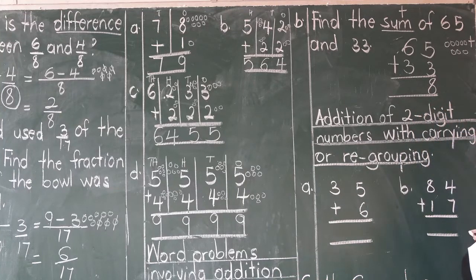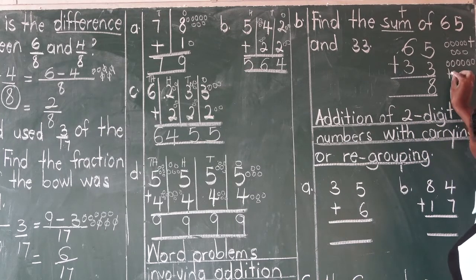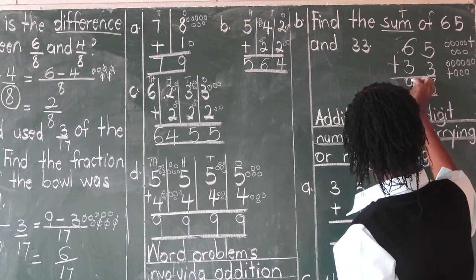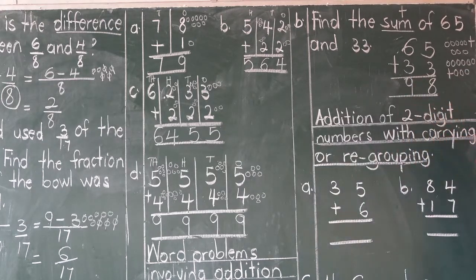We have 6 plus 3. 1, 2, 3, 4, 5, 6 plus 1, 2, 3. 1, 2, 3, 4, 5, 6, 7, 8, 9. The sum of 65 and 33 is 98.